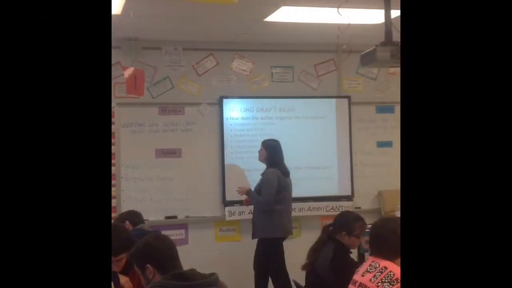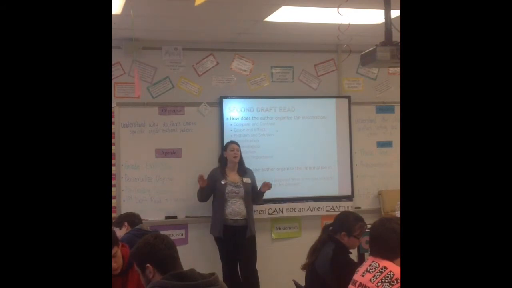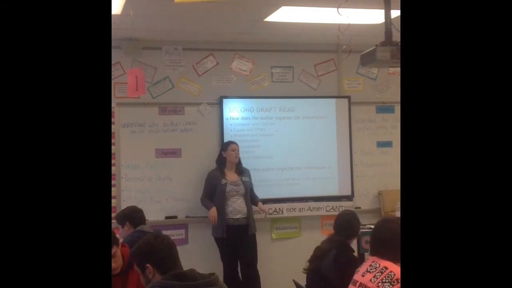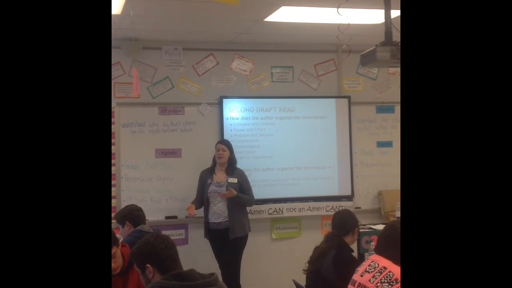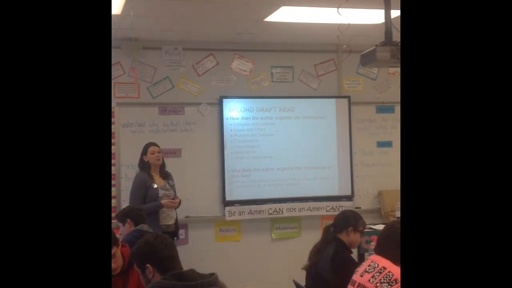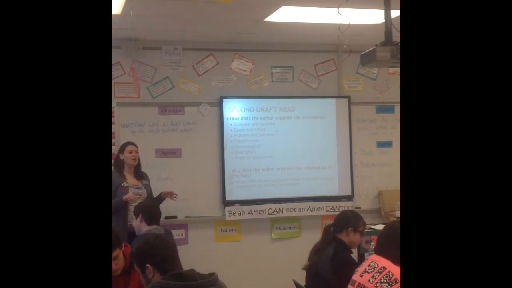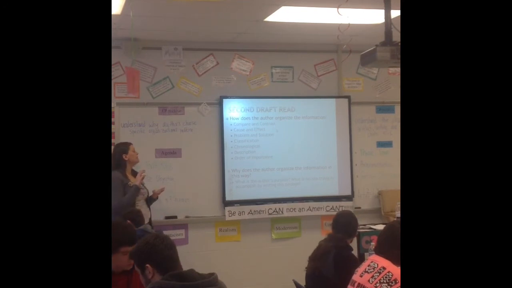You went through, you did some pre-reading prediction, where I just skim and scan this article, and I'm guessing that it's about this. Then you went back and you did a first draft read of that article, and you took some notes on tone, author's purpose, text features, main idea, and supporting details.